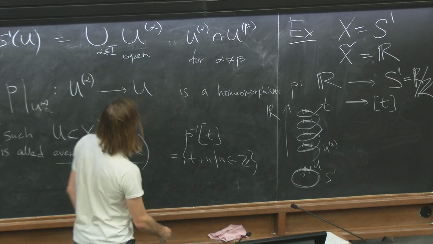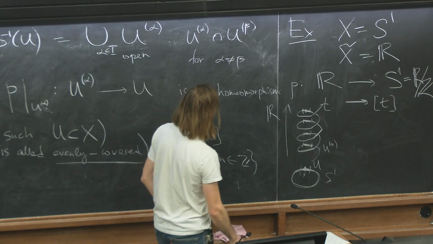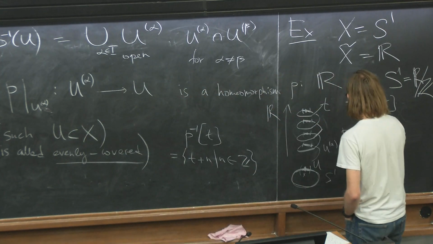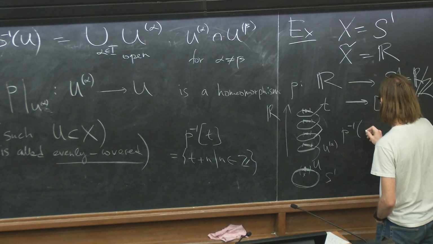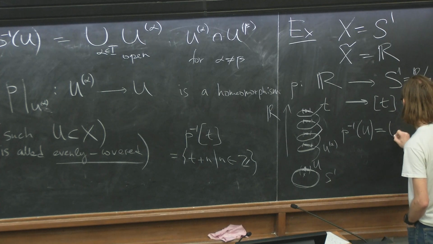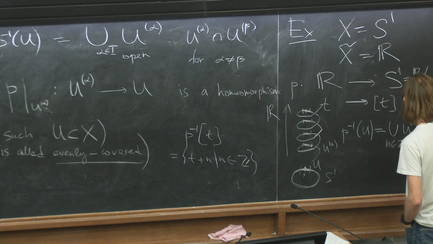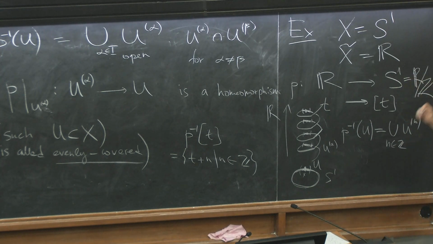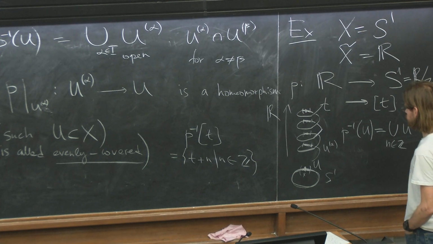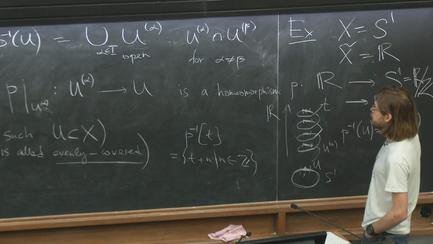So here we can choose the set which labels the U alphas to be a set of integers. P inverse of U is a union over integers n. And indeed, they're all disjoint and they're all open.